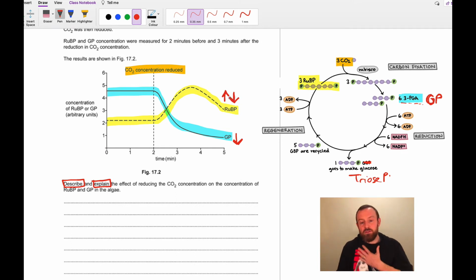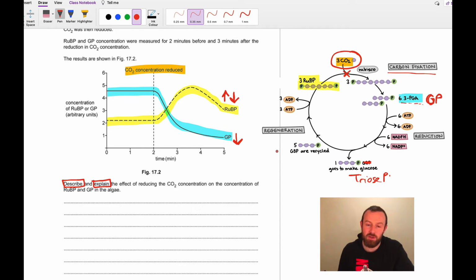What about an explanation? Well, the explanation for GP is if we take away the CO2, look, there, then no CO2 can react with ribulose bisphosphate, or RuBP, so this process can't happen, and therefore we can't make any GP from the RuBP combining with carbon dioxide, or carbon fixation. So that's one explanation.